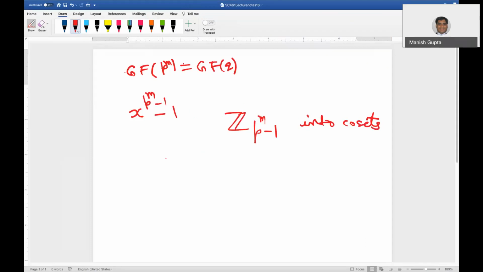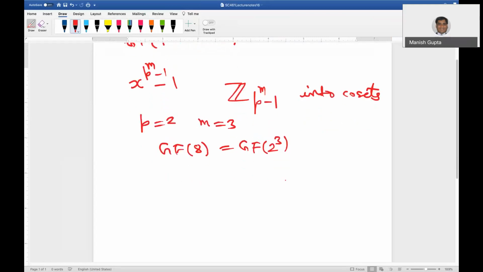So let us take an example so that you can understand. Suppose p is equal to 2 and m is equal to 3. That means we are looking at a Galois field with 8 elements, which is GF(2^3). So we have to look at modulo 7.